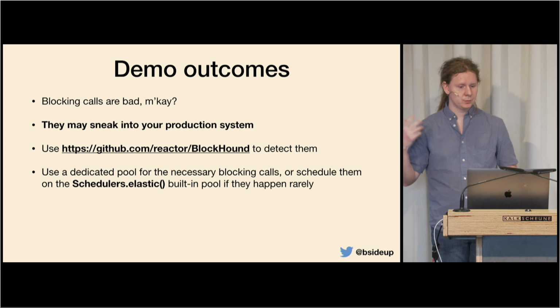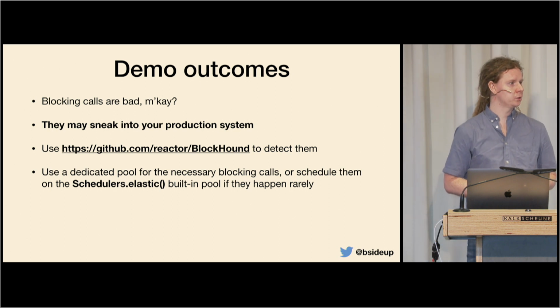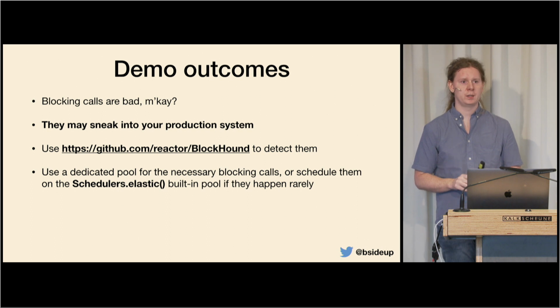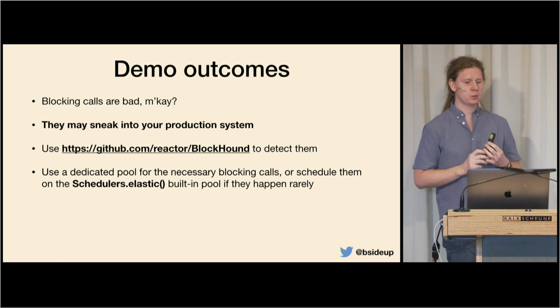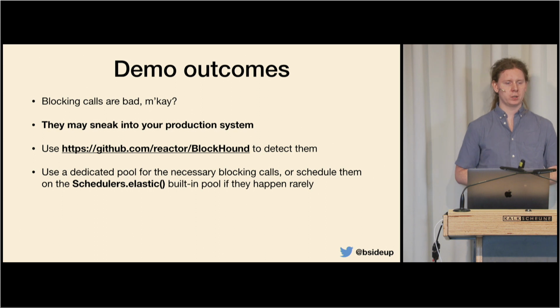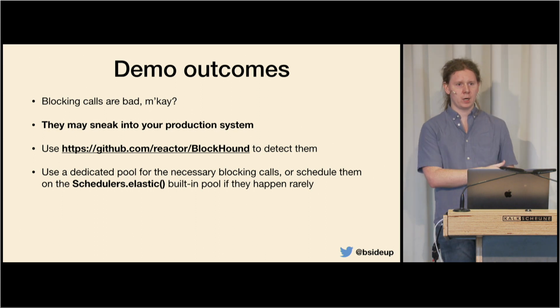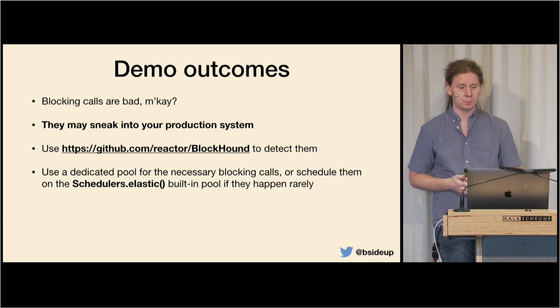And use BlockHound or other tools to detect them, because it's the best you can do. And even the most experienced code reviewer might miss some blocking calls during the review, especially when you migrate from your old blocking application to the new non-blocking one.